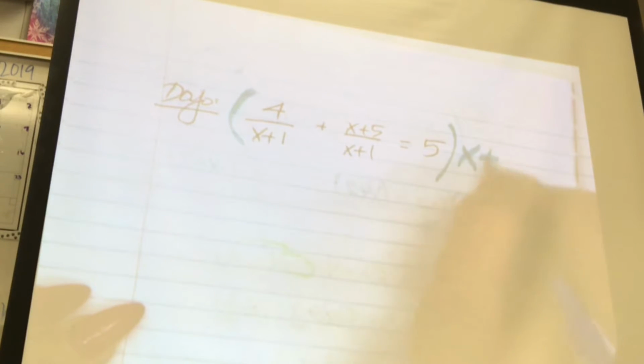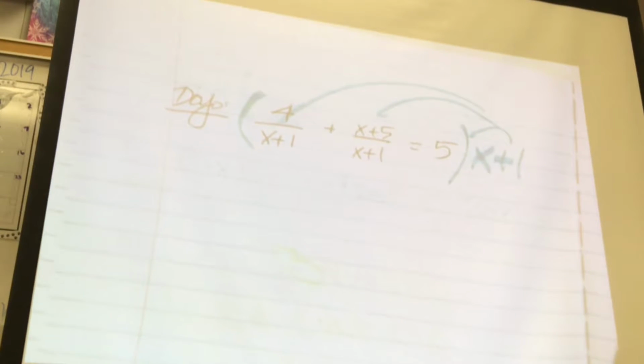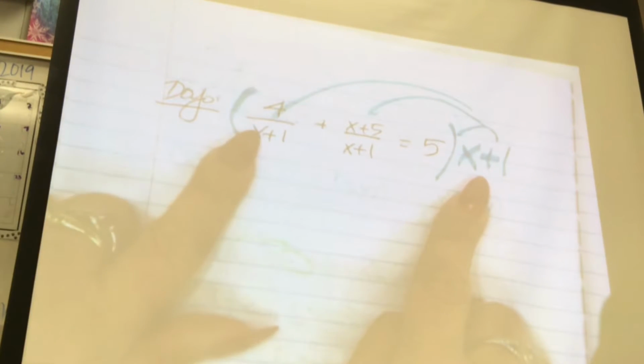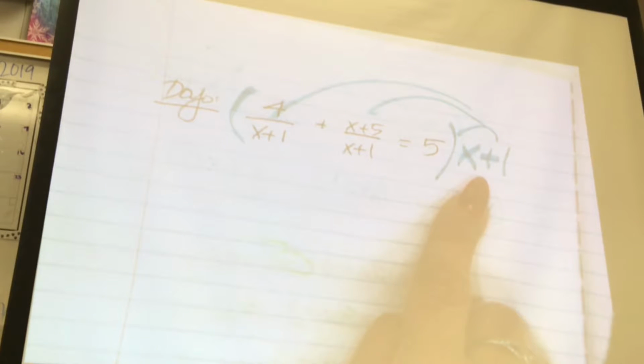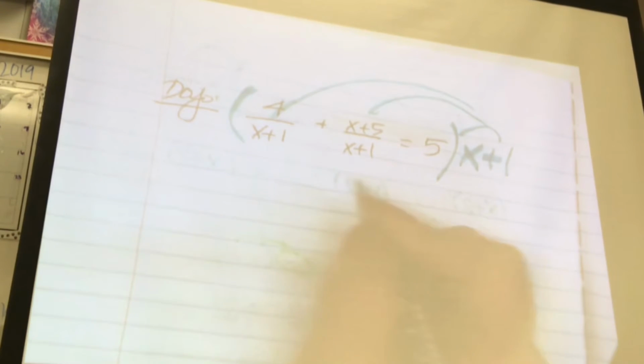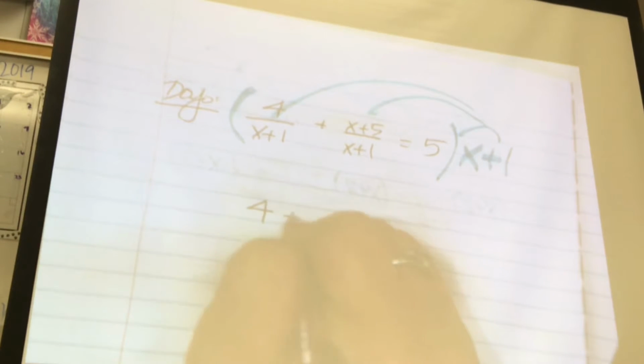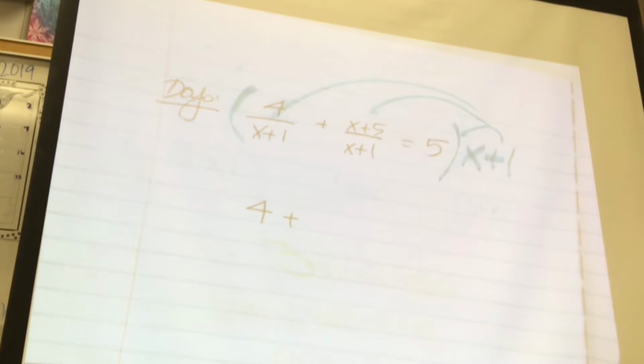Yep, so you multiply everything by x plus 1. Brooklyn, what happens when you multiply x plus 1 times 4 over x plus 1? They cancel out. And what are you left with? Just 4, plus x plus 5.